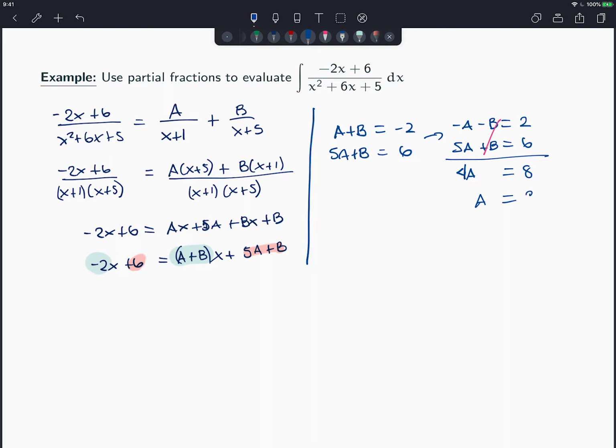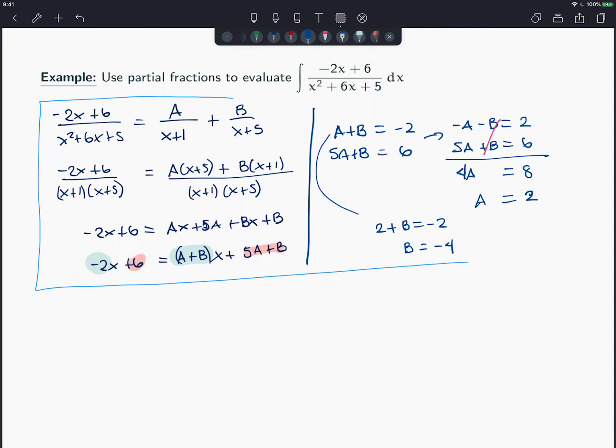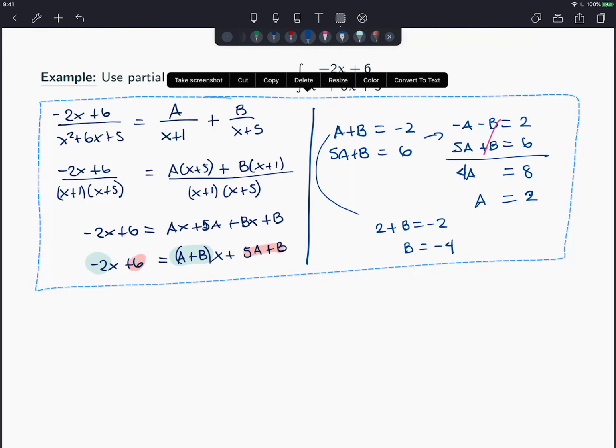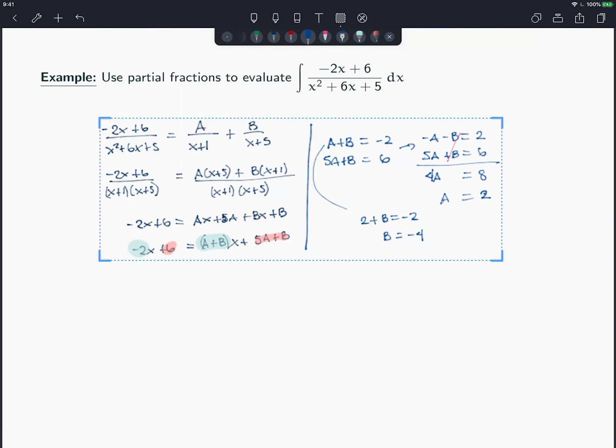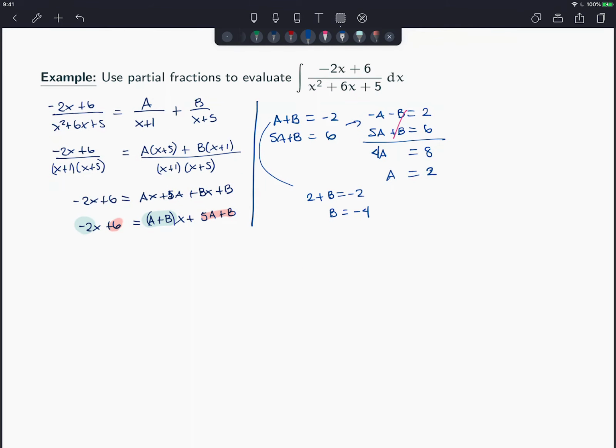So we got the value of a, and now all I have to do is find the value of b, and I can use any of the equations. Just grab the first one. Instead of a, I put 2 plus b should be negative 2, so b is really negative 4. So there you go. Once we have this, we can rewrite my integrand as the sum of two fractions that I can easily solve.